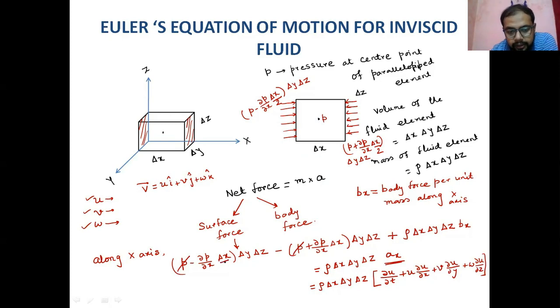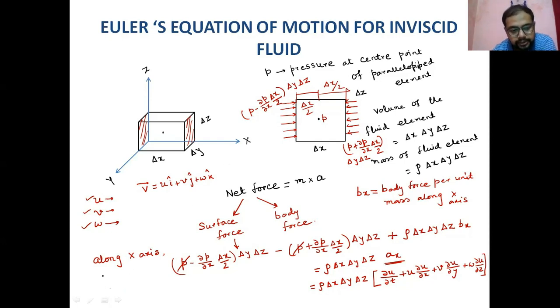So it should be by 2 and this also by 2, because it is a center. From the center, this surface distance is del x by 2, and from here also the distance is del x by 2. That's why here del x by 2 will come. So this term will come if you write it down in this manner.